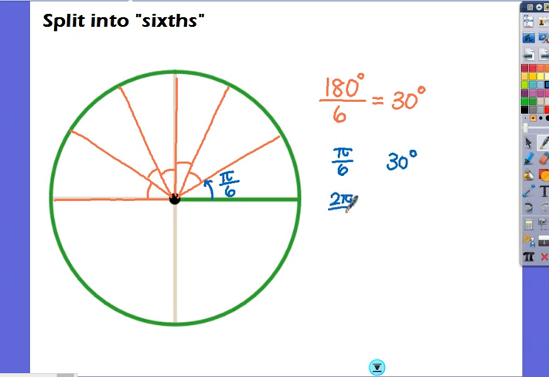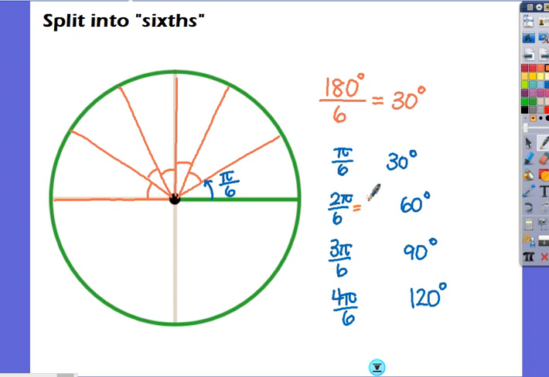2 pi over 6 would be 2 30s. 3 pi over 6 would be 3 30s. 4 pi over 6, 120. You kind of seeing how this works?